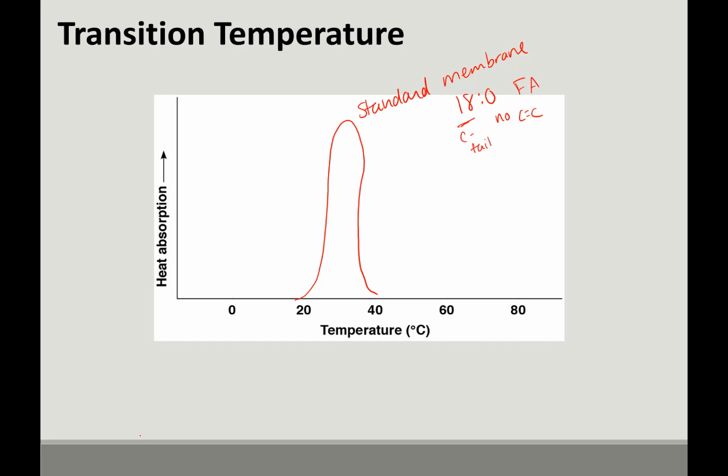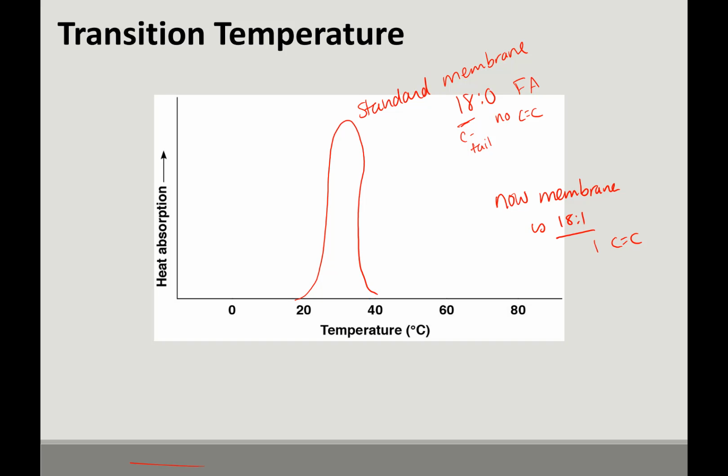Unfortunately I have been struggling to change my ink colors with this. Anyways, I will use some dotted lines. So if we changed our membrane, now our membrane is 18:1, which means now it has one carbon-carbon double bond.